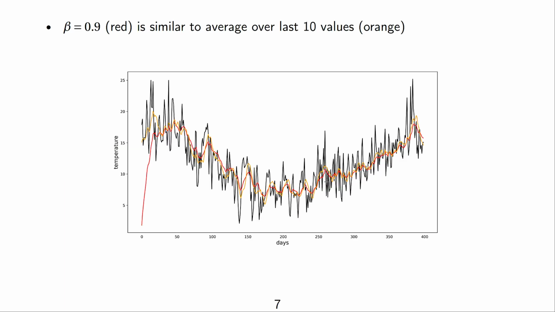Going back to this figure, now it makes sense that we have this exponentially moving average with beta equals 0.9, and we compare to the orange values, which are the regular averages over the last 10 values. So the exponentially moving average looks kind of similar, but since this temperature time series is kind of extreme, there are considerable differences as well.